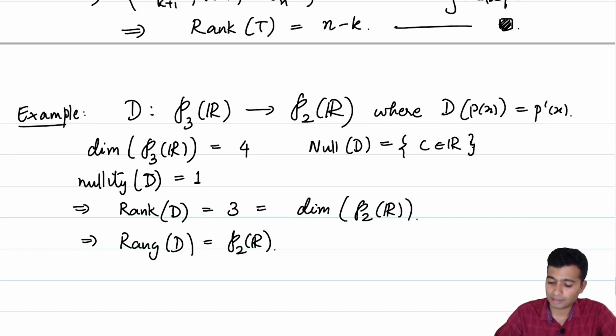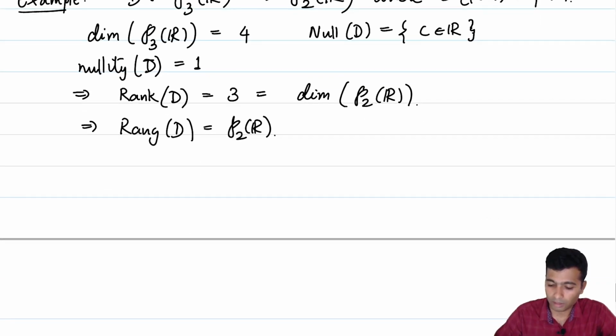This means that every degree 2 polynomial can be realized as the derivative of a degree 3 polynomial. We know this from our knowledge from calculus, but this is a linear algebra way of obtaining something similar. Of course, some calculus was used here.